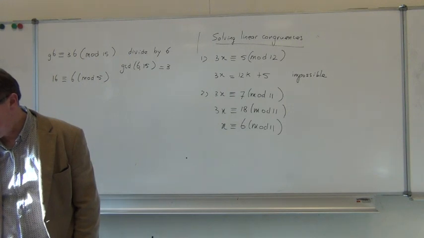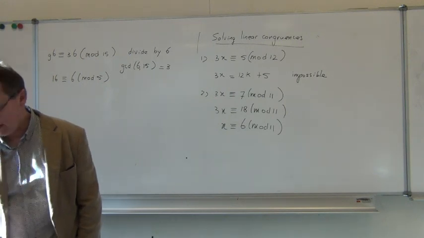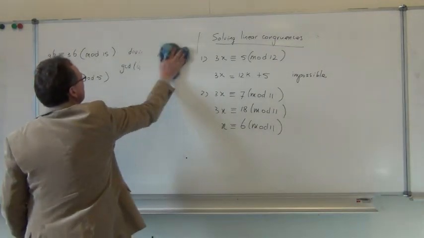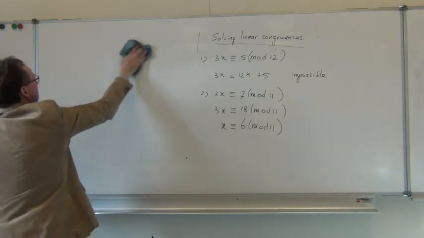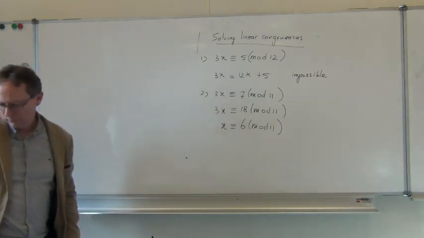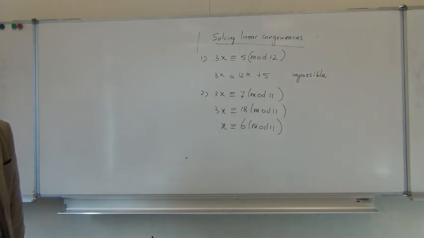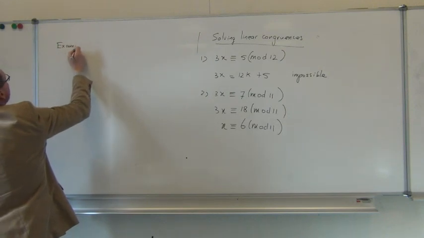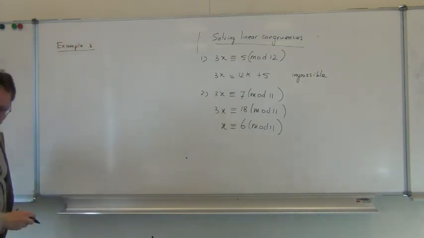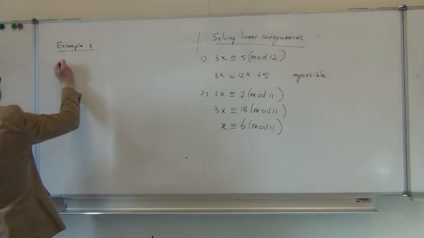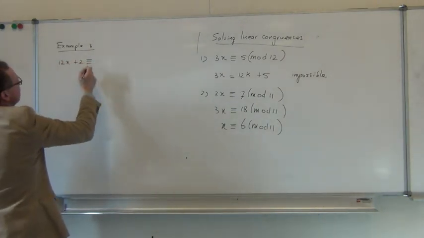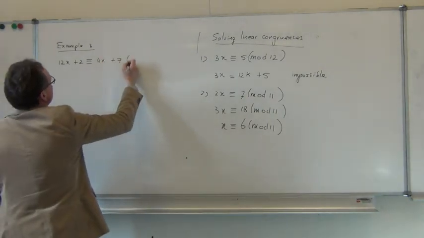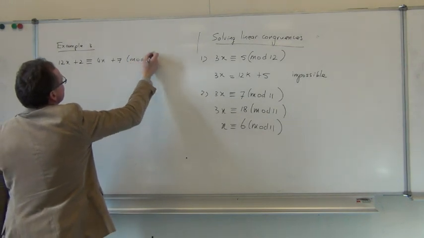Maybe let's do one more example together. Suppose I have 12x plus 2 congruent 4x plus 7 modulo 9.